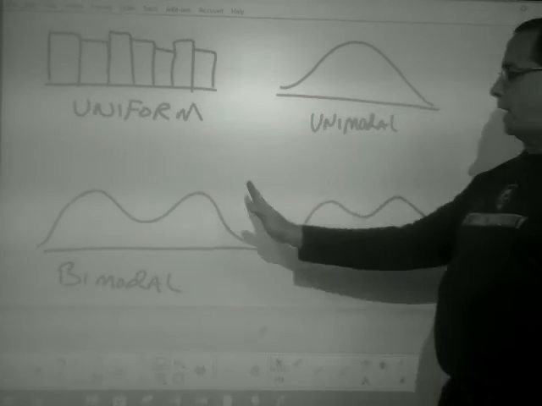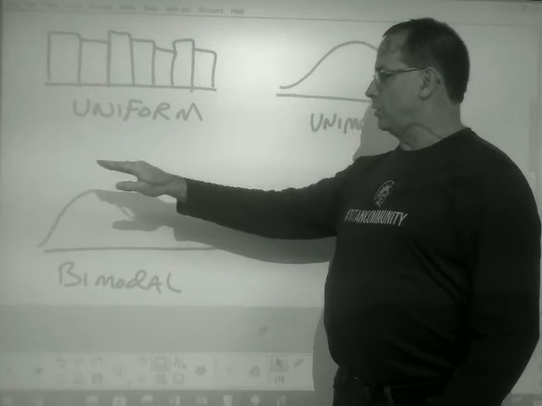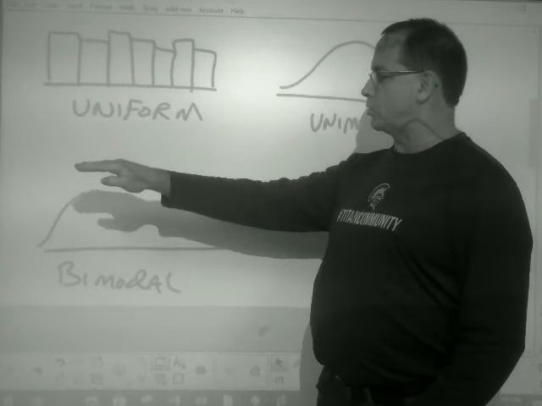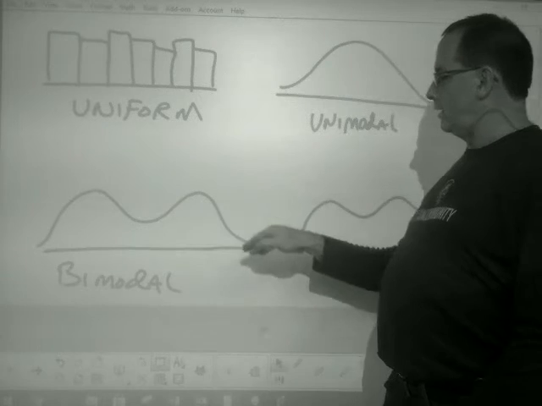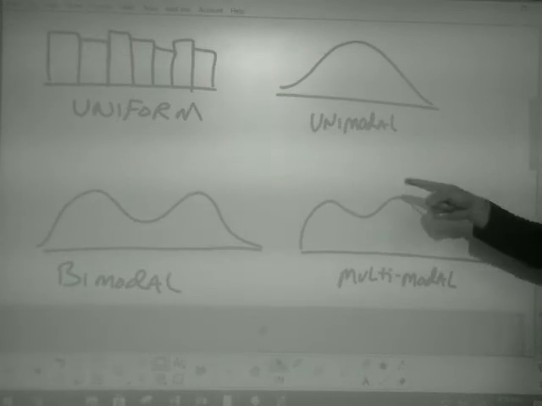Two peaks, bimodal. This one doesn't have to be the same height as the other, but there's some sort of peak, then a lull in the action, and then a peak again. That's bimodal, bi prefix for 2, and multi would be 3 or more.